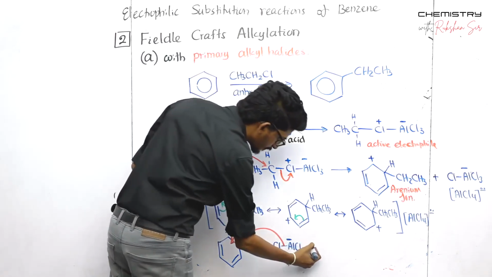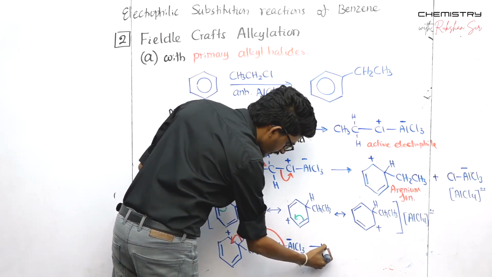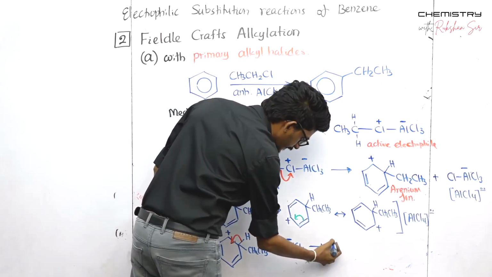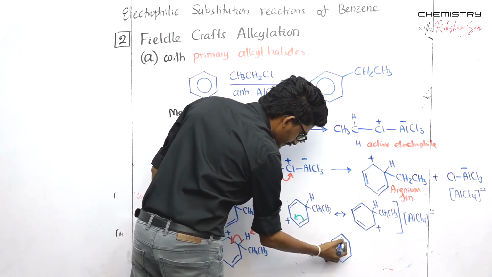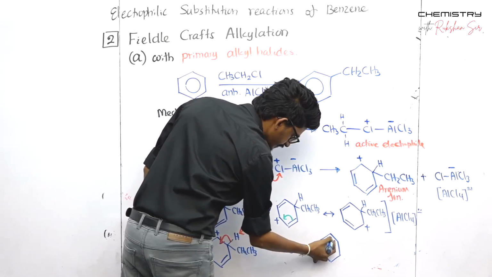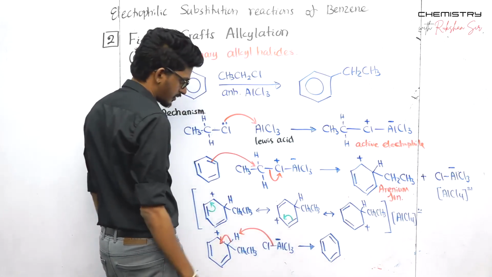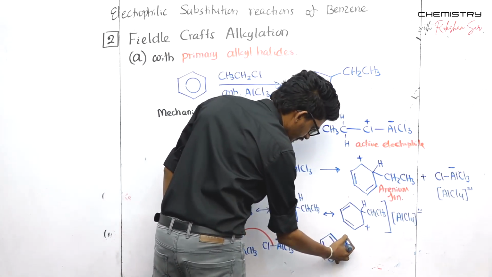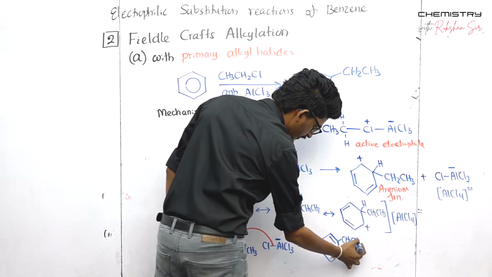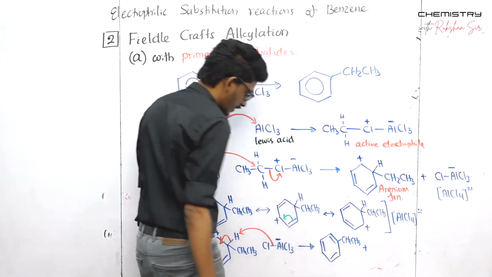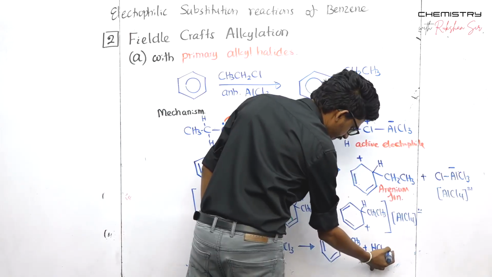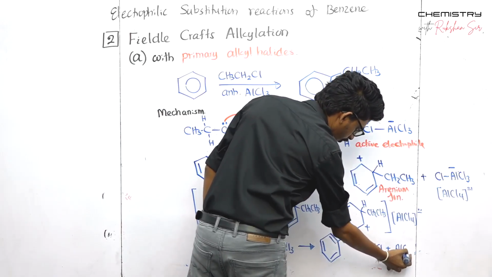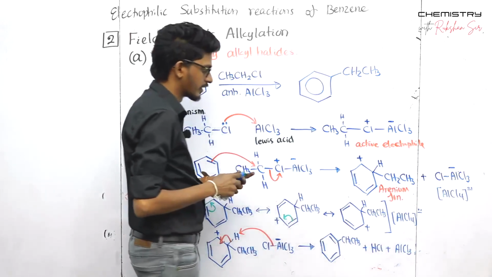So we'll come up with the major product, with some CH2, CH3 appearing, and then the HCl and AlCl3 will also be produced.